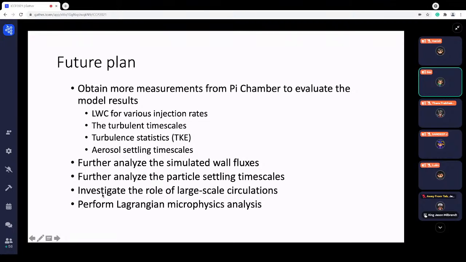Lastly, the role of large-scale circulations is also an important topic, and analyzing the Lagrangian particle growth history would be valuable to better understand the aerosol activation and settlement in the chamber. So thank you.